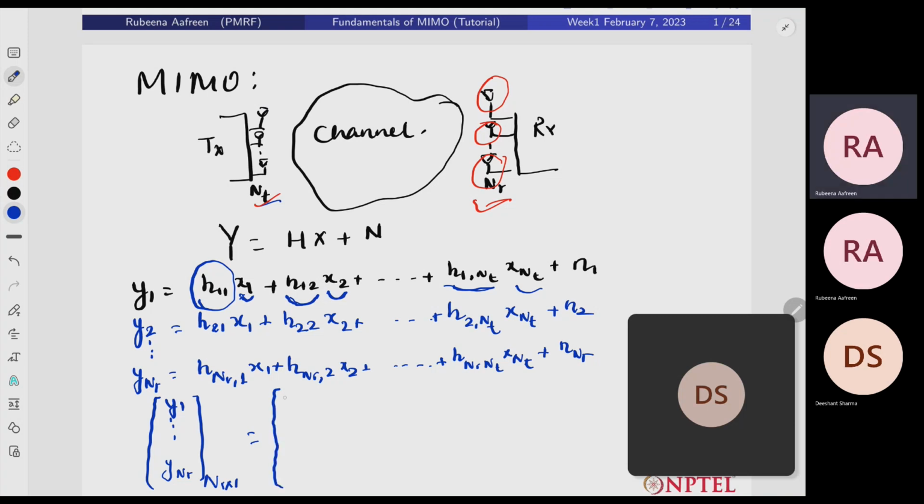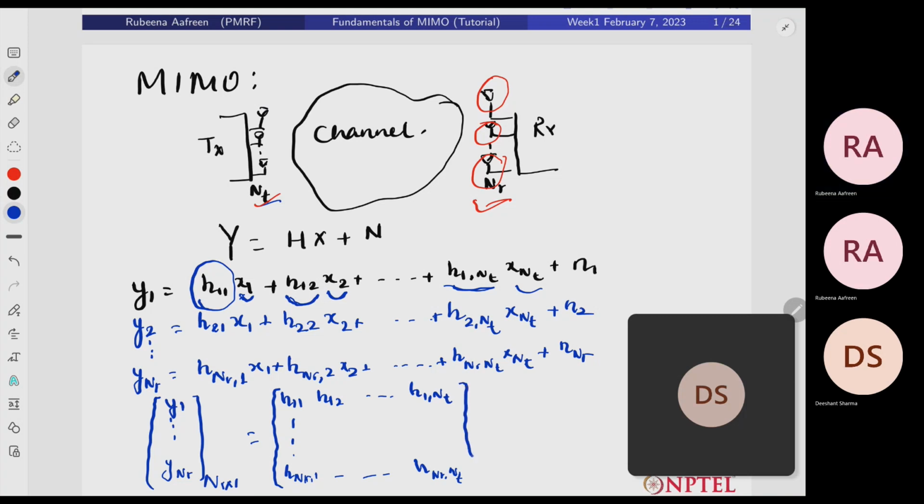These channel coefficients would be H11, H12, H1,NT, and here H NR,1 to H NR,NT, into the X vector, that is X1, X2 up till XNT. This would be NT cross 1.